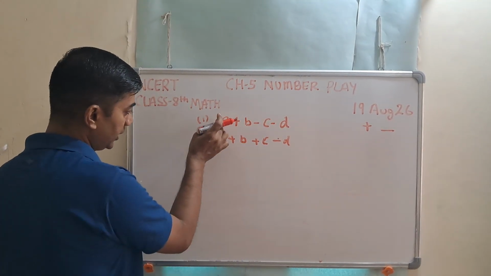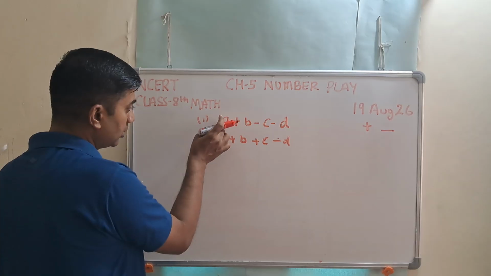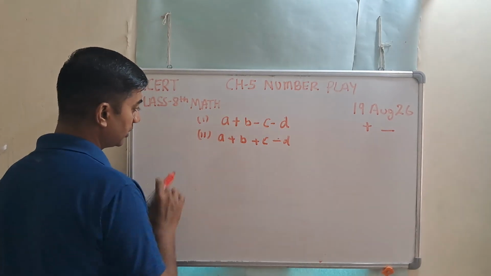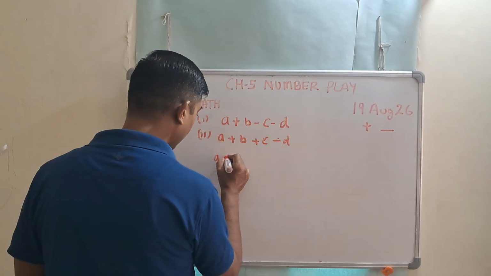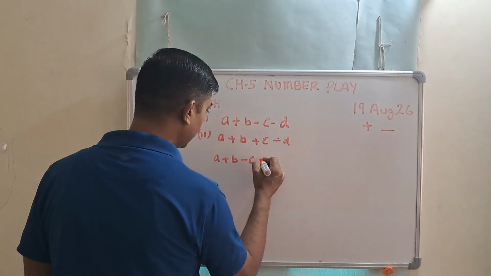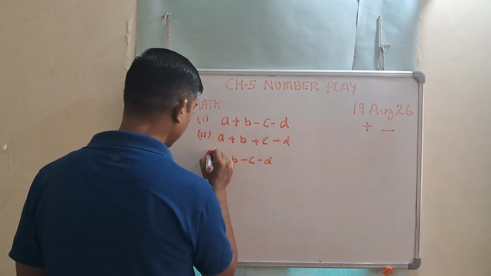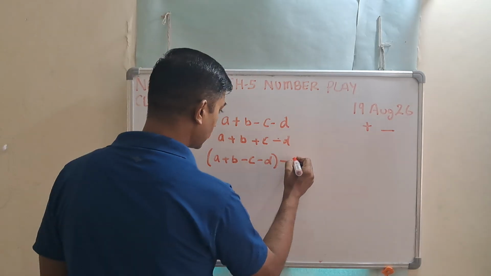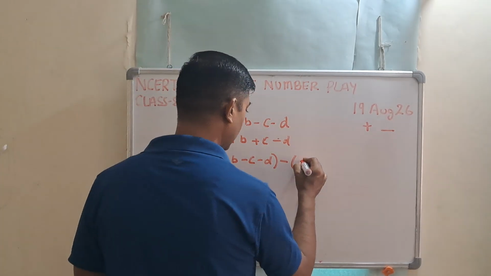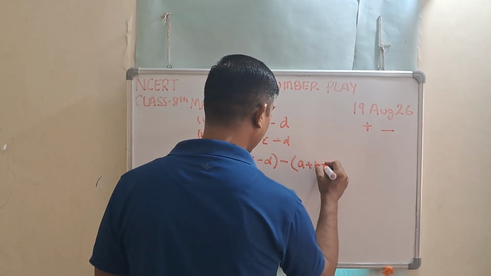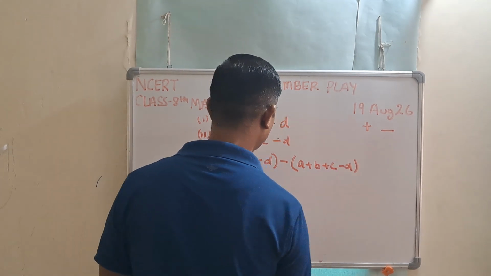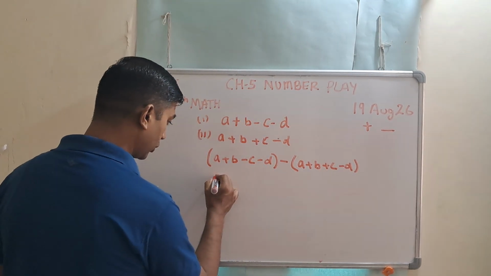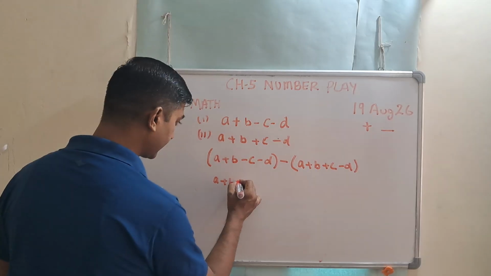Now we subtract this number from this number, and we will see what result comes. A plus B plus C minus D, and from it A plus B minus C minus D. We do the subtraction. After opening the bracket, what result do we get?